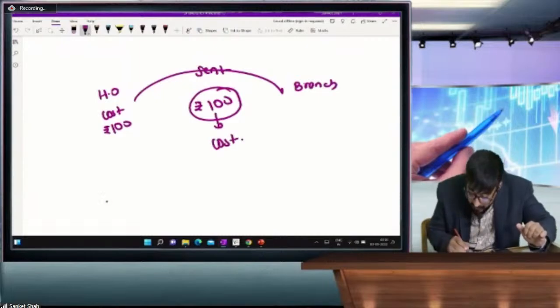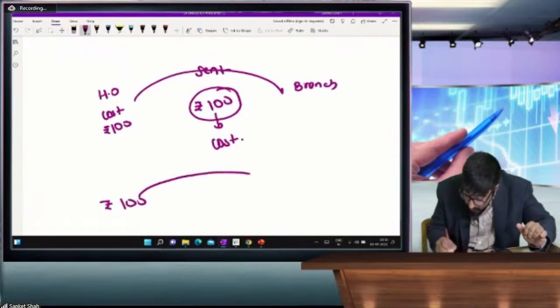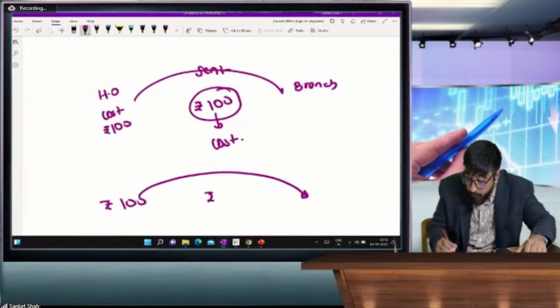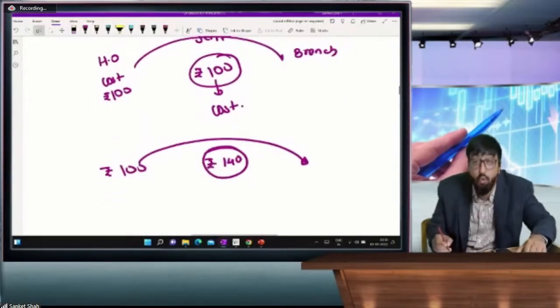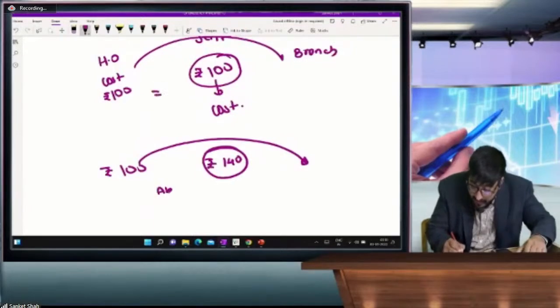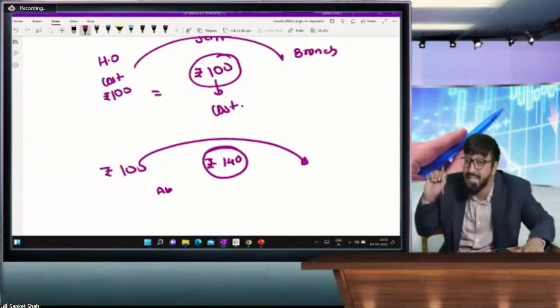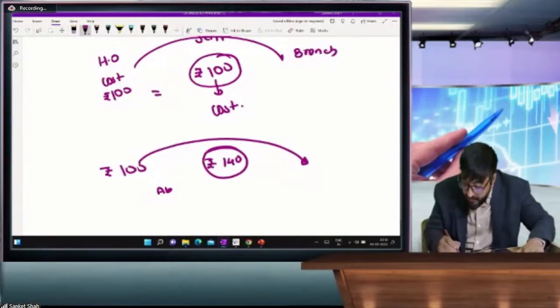But head office is having goods of 100, but they are recording at 140 above cost. When they are sending at cost, it is equal: cost 100 and sent at 100. But if cost is 100 and the goods are sent with a price tag of 140, it is called as invoice price, above cost.